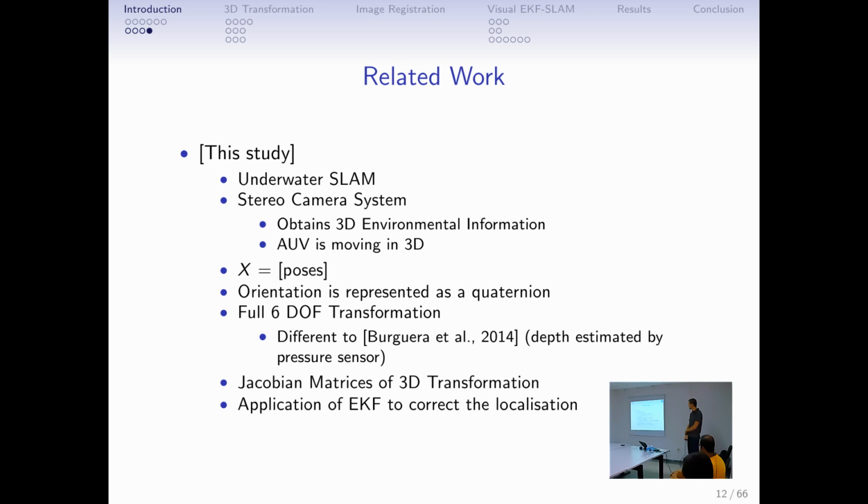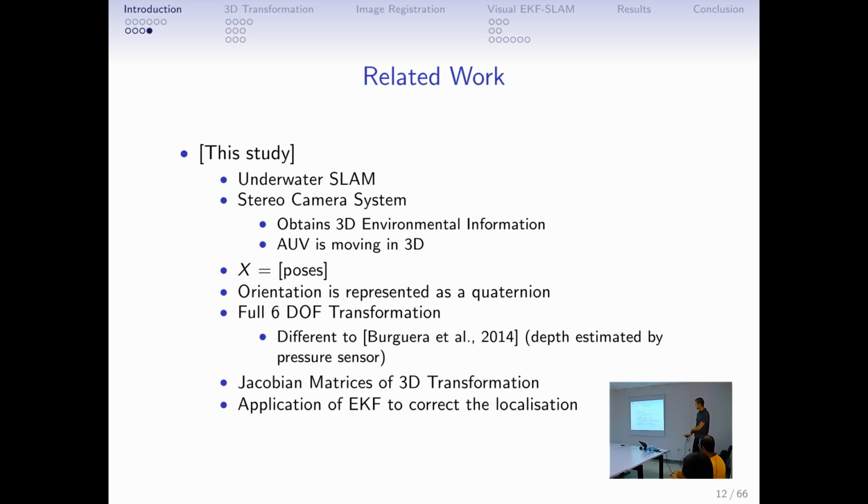In my study, I want to highlight my key features. First of all, I'm using a stereo camera system to obtain 3D environmental information because our AUV is moving in a three-dimensional world. My state X, or my state vector, consists only of poses. The orientation is represented as a quaternion, which is not common in this kind of field.